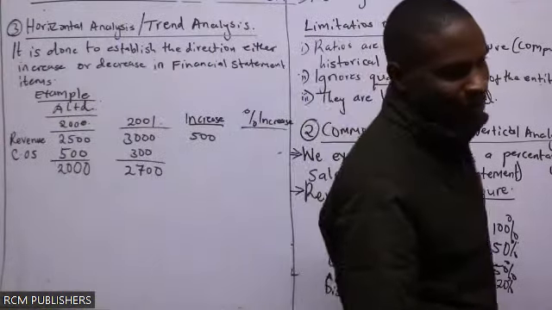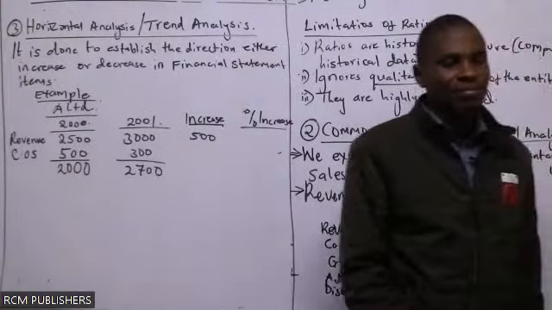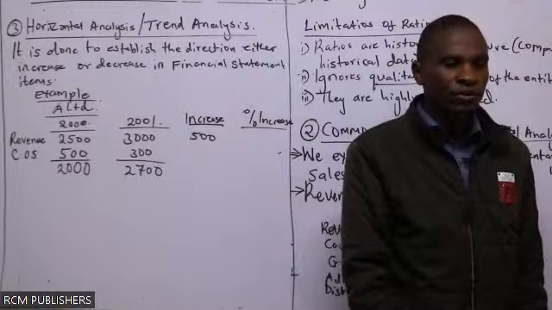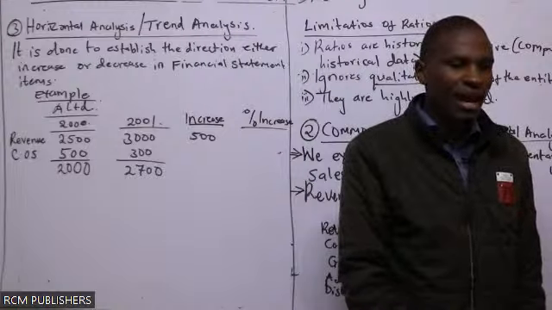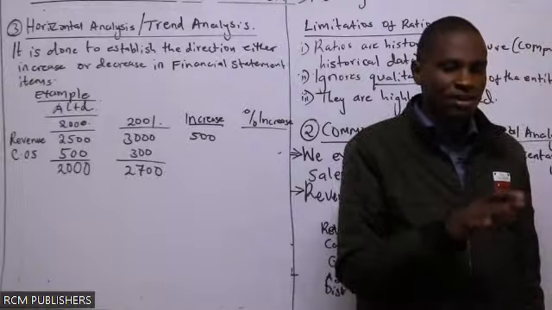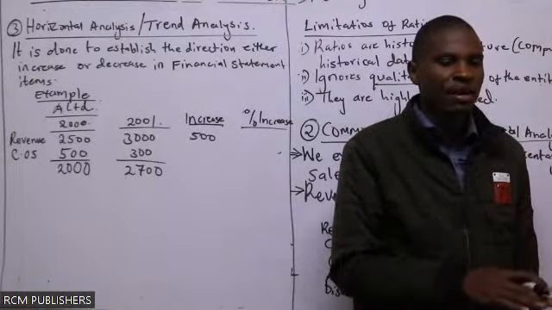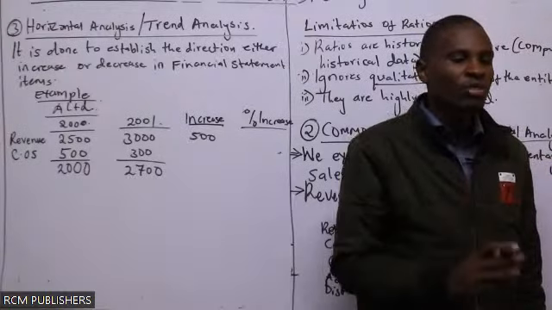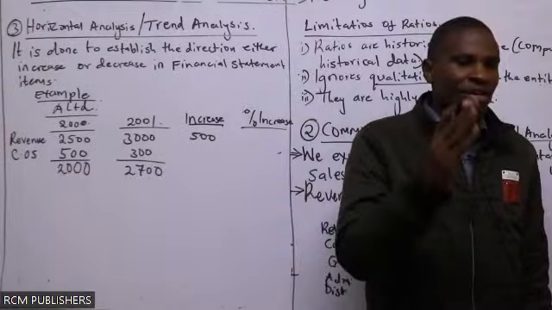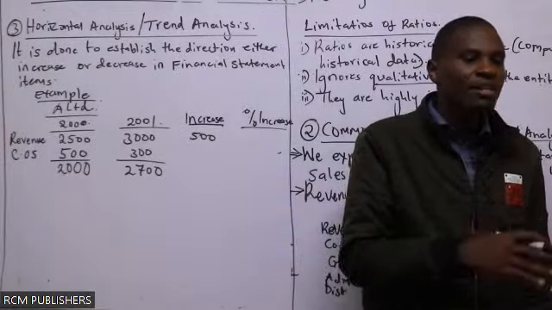Percentage increase is computed using the previous year as the base year. So 2000 will be the base year. So percentage increase will be 500 divided by 2500 times 100.